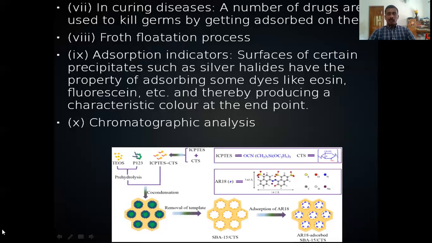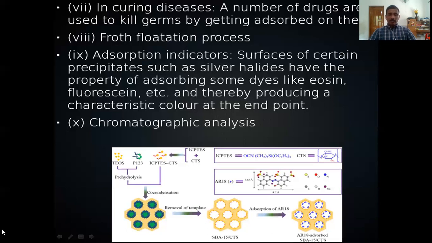Another example, adsorption indicators. An example is eosin. Eosin is an adsorption indicator. So it is another application. Another one is chromatographic analysis.